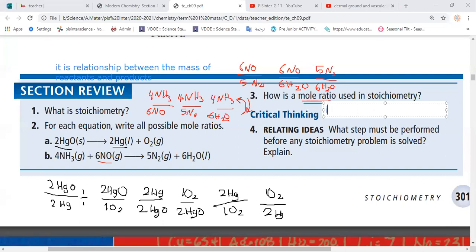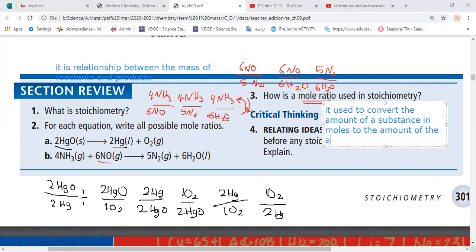Yeah, okay. So it is used to convert the amount of a substance in moles to the amount of the other substance in moles.